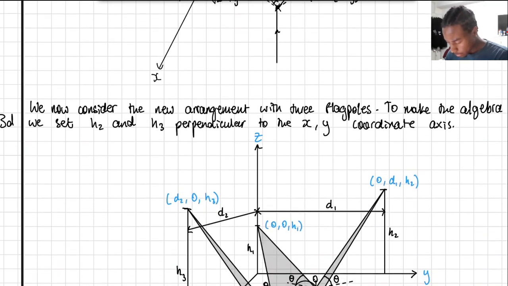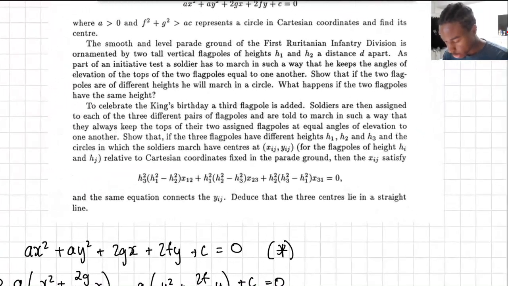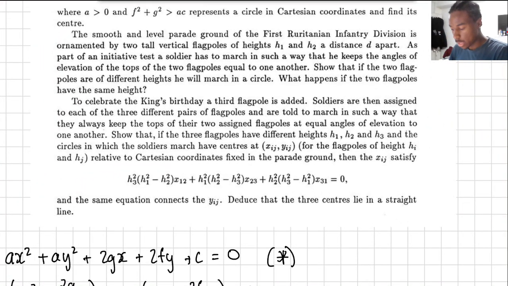Okay, so now it gets a little bit more interesting. So it says, to celebrate the king's birthday, a third flagpole is added. Soldiers are then assigned to each of the 3 different pairs of flagpoles and are told to march in such a way that they keep the tops of their 2 assigned flagpoles at equal angles of elevation to one another.